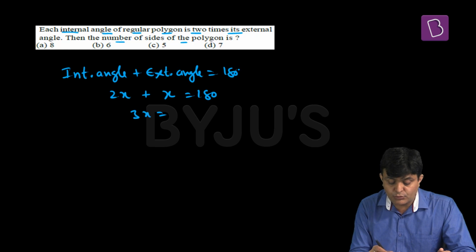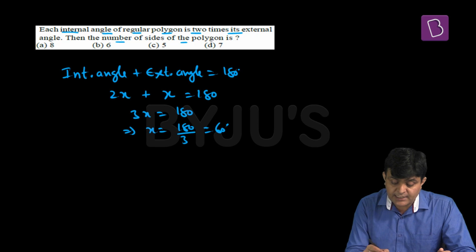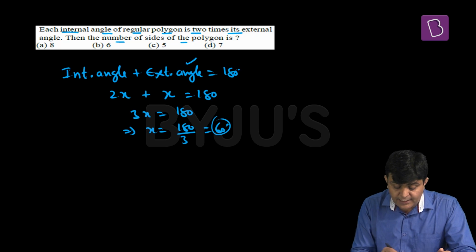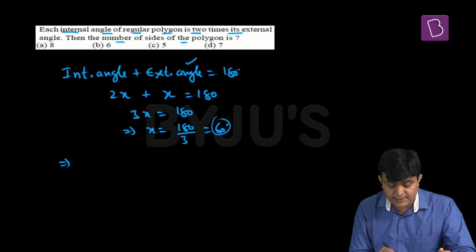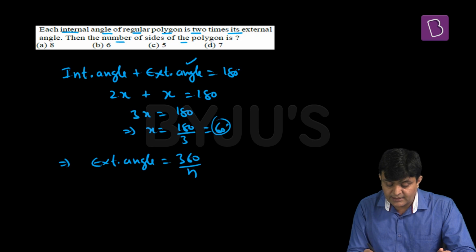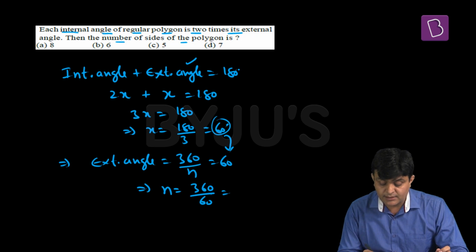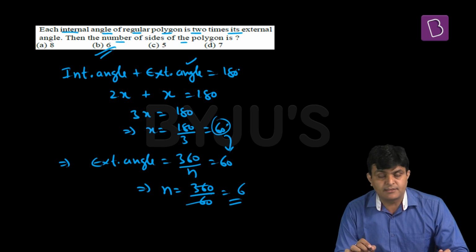So 3x is equal to 180. This implies x is equal to 180 by 3, that is 60 degrees. The external angle is 60, and we know that each external angle is equal to 360 by n, that is now 60. So n is equal to 360 by 60, that means n is 6. B part is the answer, right?